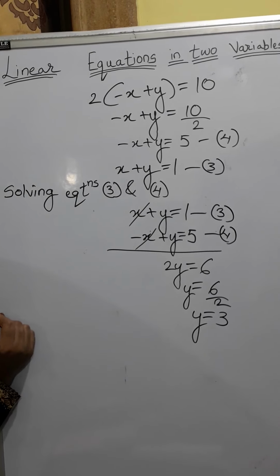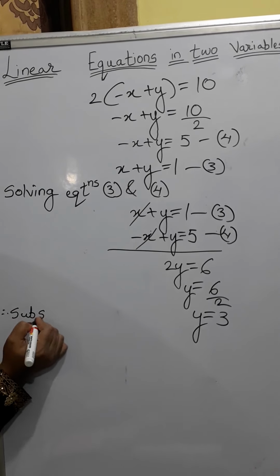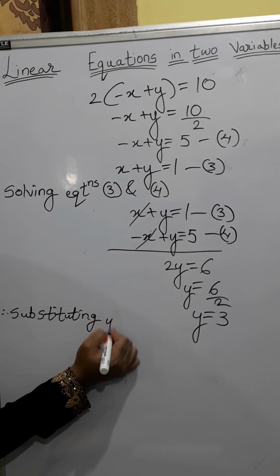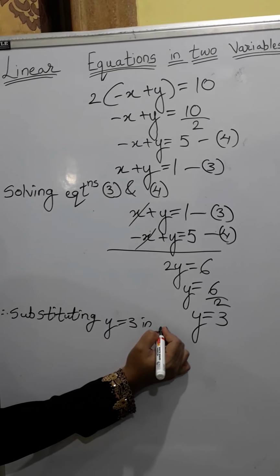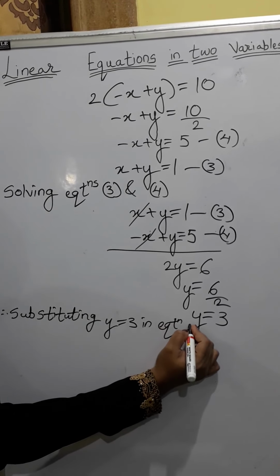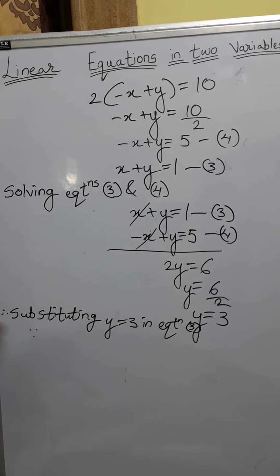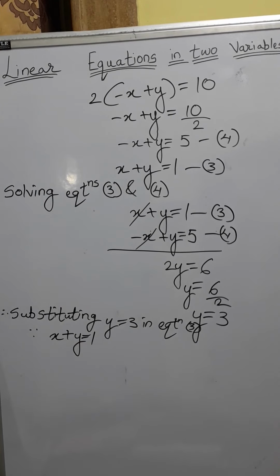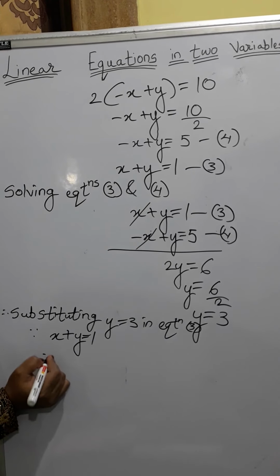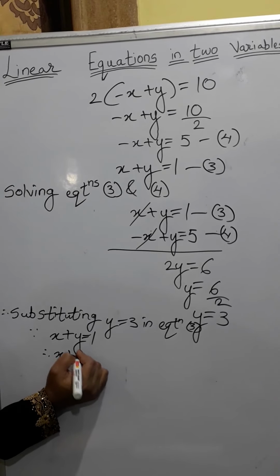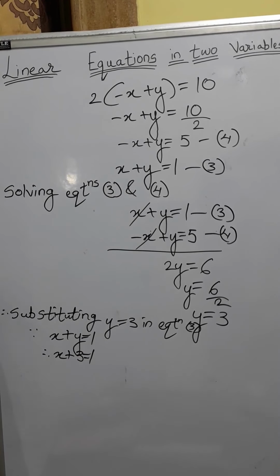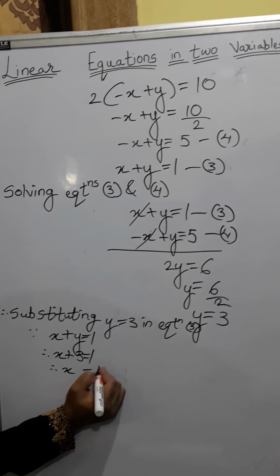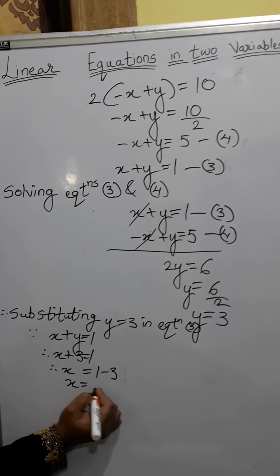So, substituting y is equal to 3 in equation 3, since your equation number 3 is x plus y is equal to 1, the equation will be x plus 3 is equal to 1. So now 3 is added here. On the other side of the equation it will go and subtract. So the value for x will be minus 2.